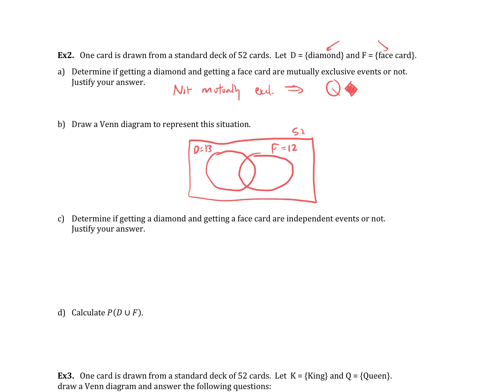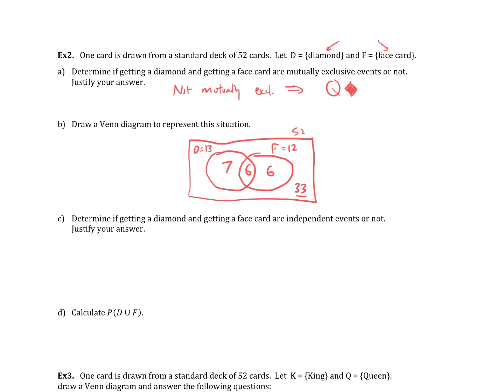How many diamond face cards are there? Well, there's Jack, Queen, King of diamonds, so that's 3, leaving 9 other face cards and 10 other diamonds. How many cards are there on the outside here? Well, 10 plus 9 plus 3 is 22, which leaves 30 cards on the outside.